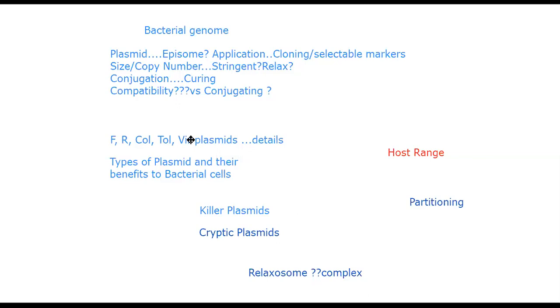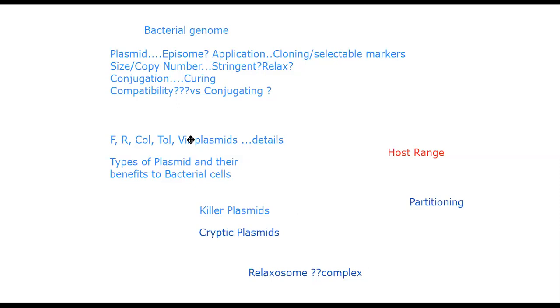For example, Ti plasmid is present in Agrobacterium tumefaciens. So one plasmid is generally found in a limited number of closely related bacterial cells. If it is present in closely related bacteria, then the plasmid is said to have a narrow host range.